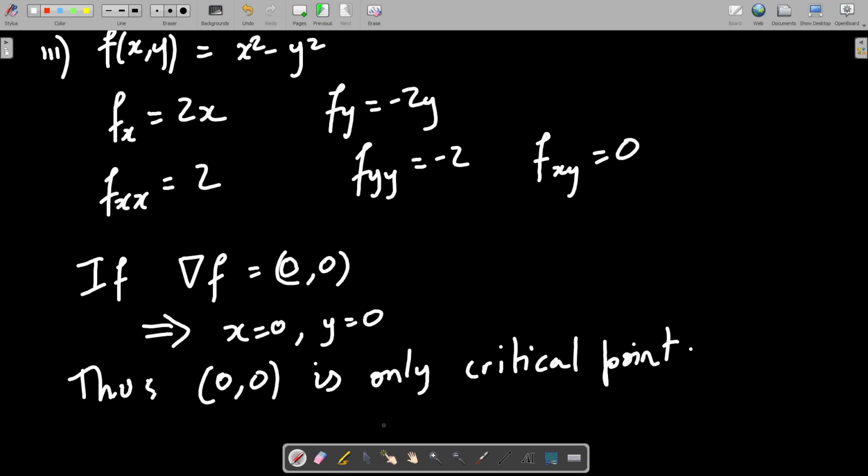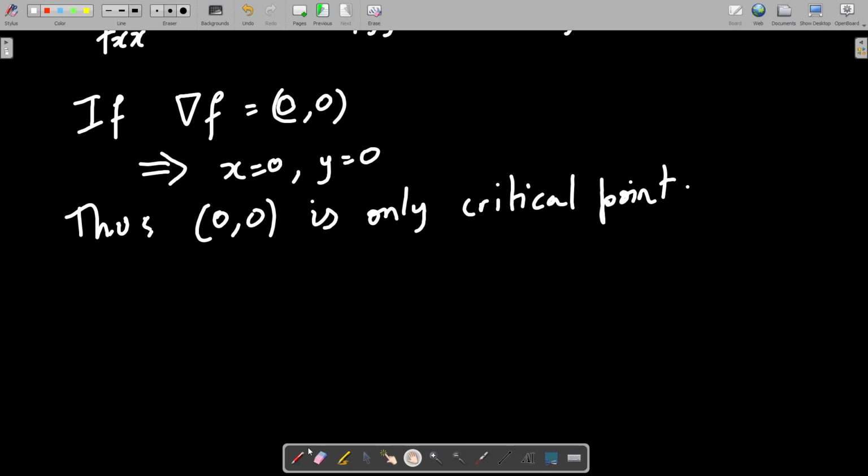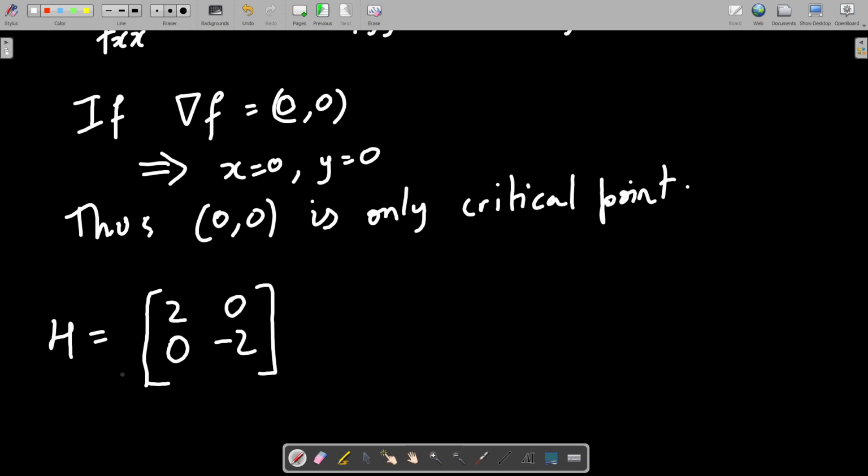Now let us check what is going to be the behavior of the Hessian. So 2, 0, 0, minus 2. Okay, so as I told you all, both these entries should have been sharing the same sign, right? But here they are sharing opposite signs. So what will happen? Obviously the determinant will turn out to be negative.